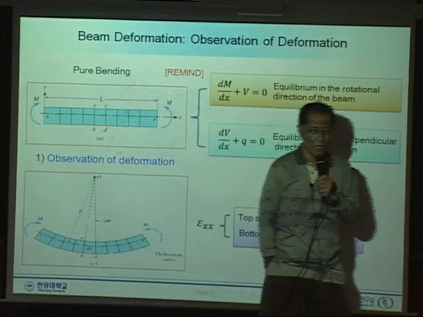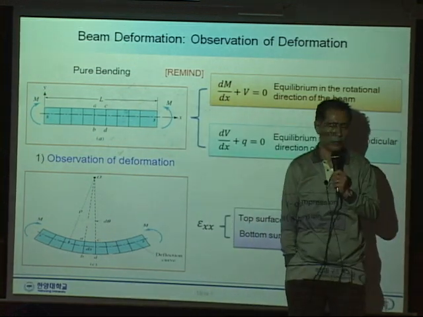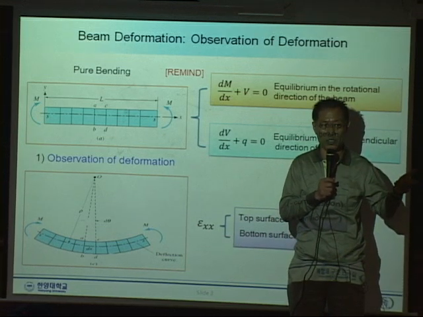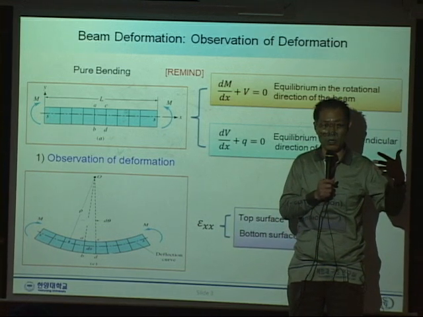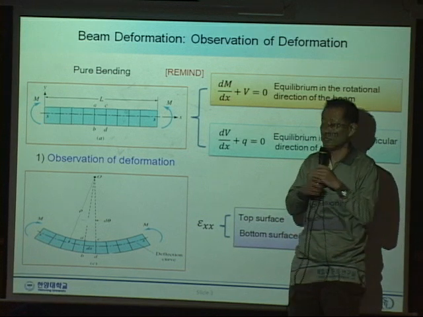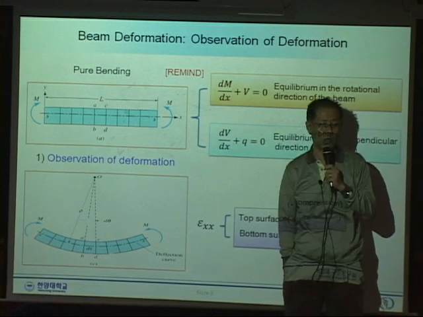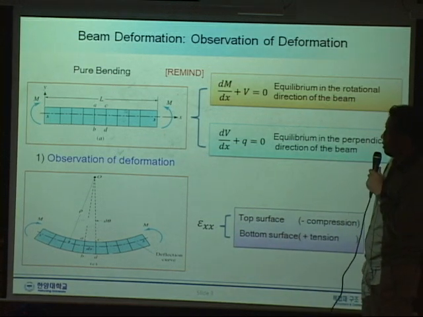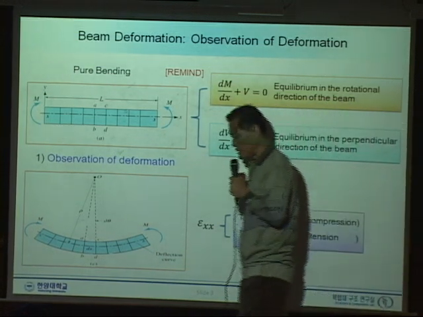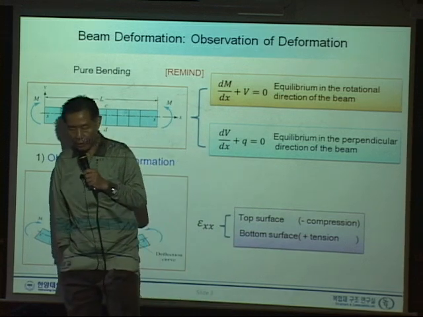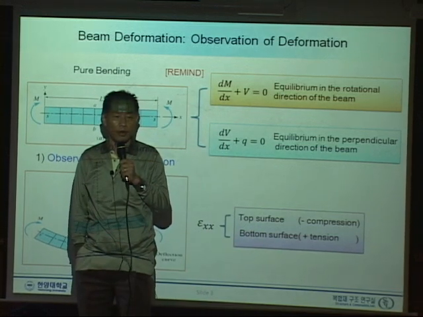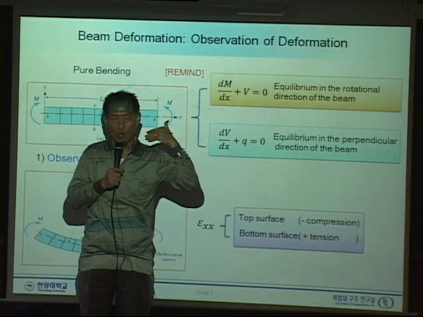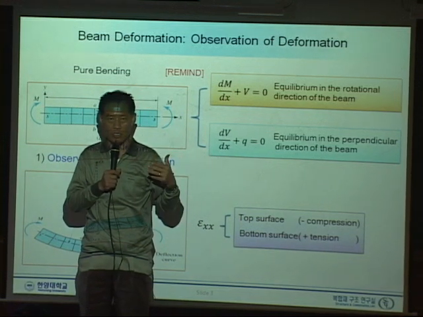And now here is the beam theory. Those two equations are just the equilibrium equations for beam behavior, and here is the core part of beam theory. Very much similar to torsion theory, where we started with observation of deformations.